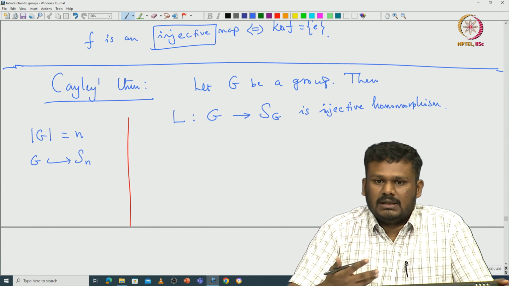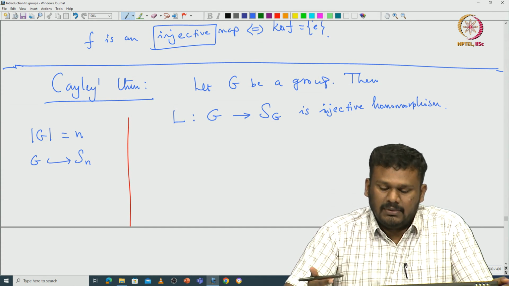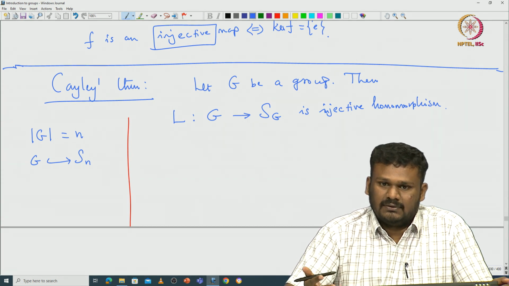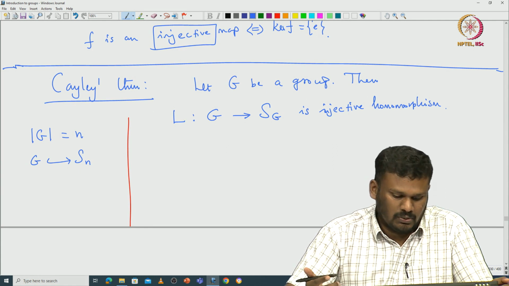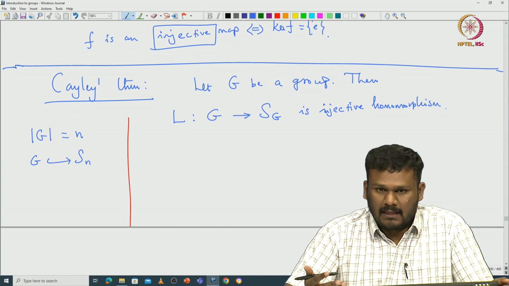If you are interested in classifying all possible groups of order n up to isomorphism, then this theorem implies that it is enough to classify all subgroups of order n inside S_n, up to isomorphism. But that is not an easy problem, it is actually very difficult.